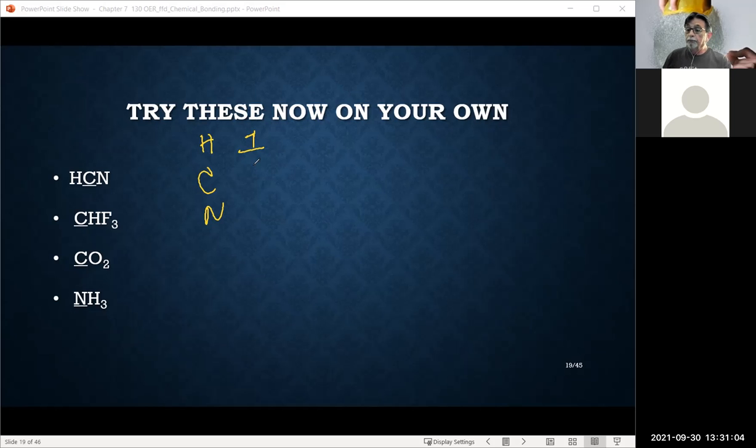Non-metals? I know, but what group number is it in? How many valence electrons does it have? You're correct, it is a nonmetal. 4? It's got 4 valence electrons because it's in group 4A. Okay, nitrogen, when it got one nitrogen, how many valence electrons does it have? 5? 5, exactly, because it's in group 5A.